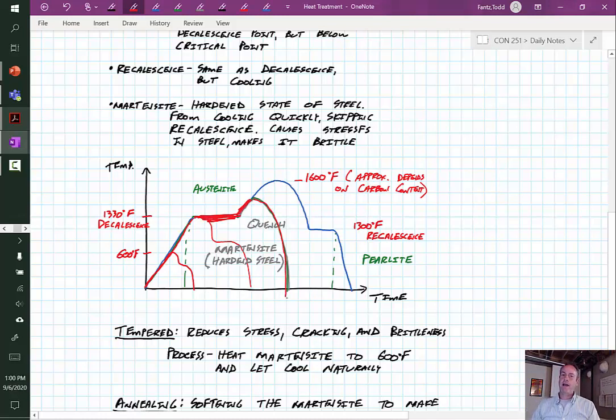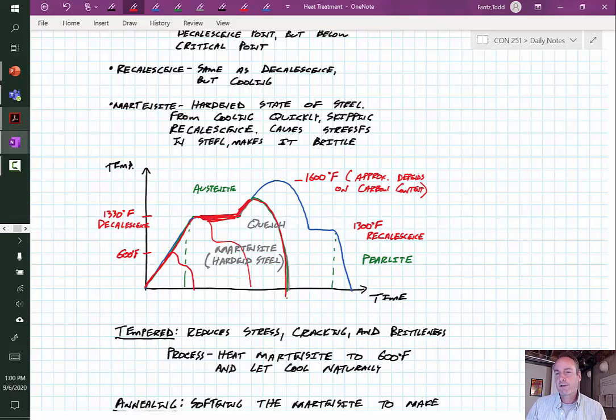And when we quench it, now we have a much harder yet brittle material. And because it is brittle, what we can do is we can temper it. And the way we temper is we heat it back up, but not as high, about 600 degrees Fahrenheit, and then let that cool naturally, freeing up some of this binding of the molecules.